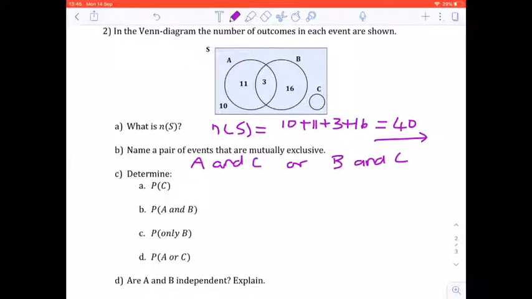Okay, next question. Determine the probability of C. So as we can see, the probability of C is 0, because it will be 0 over 40, which equals 0. Just as a reminder, probability works by putting the number of elements within a particular event over the total number of elements within the set. So that's why we put 0 over 40.